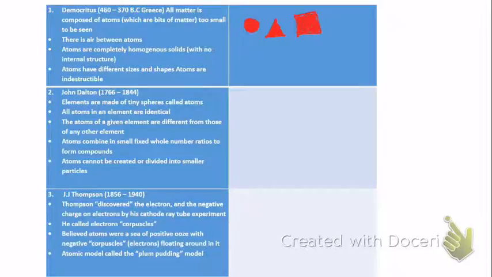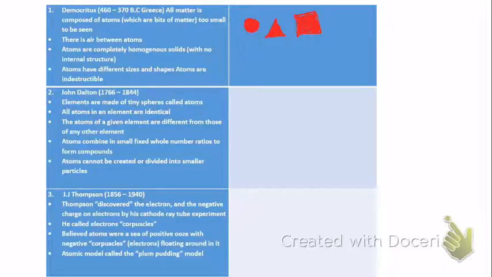Now, this idea of Democritus is not going to be more or less resurrected until a man named John Dalton and a group of John Dalton followers in about the 1800s. Okay? Now, John Dalton's going to come and he's going to say, hey, wait a minute.